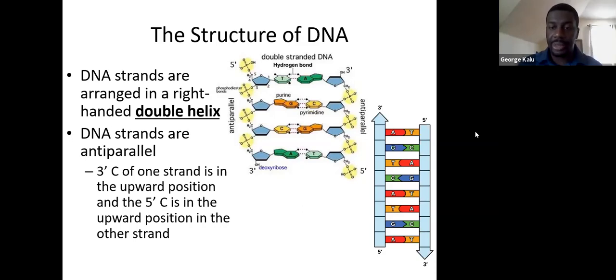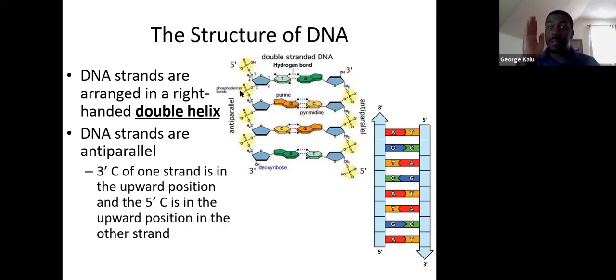The other thing about the DNA is that the two strands are considered anti-parallel. Here's what I mean about it being anti-parallel. This is where it gets a little bit confusing. When we're looking at the deoxyribose sugars, we're going to have a 1' carbon, 2', 3', 4', and the 5' carbon. The 5' carbon is facing upward on one strand of DNA, while the 3' carbon faces downward.